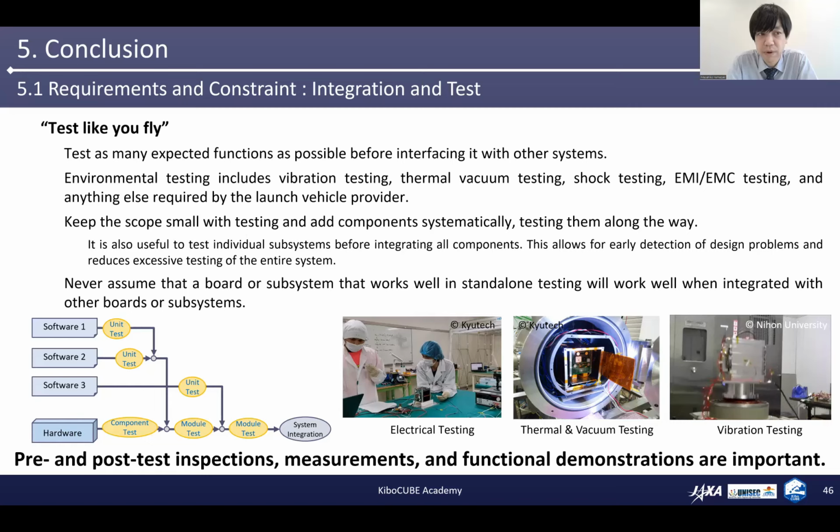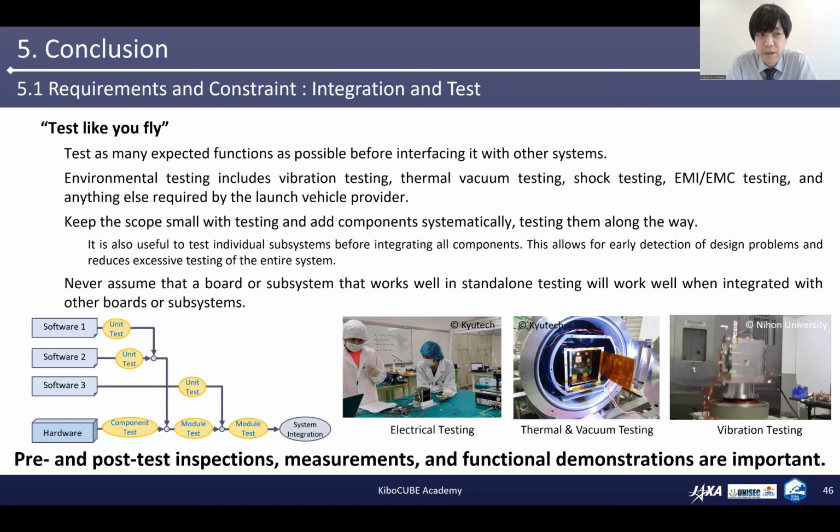Keep the scope small with testing and add components systematically, testing them along the way. It is also useful to test individual subsystems before integrating all components. This allows for early detection of design problems and reduces excessive testing of the entire system.